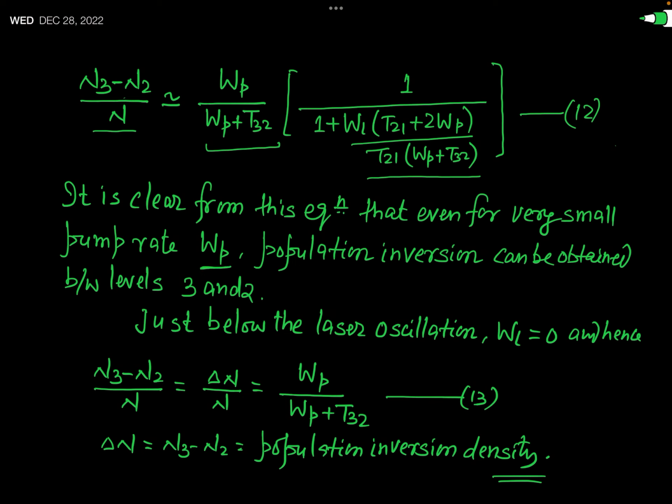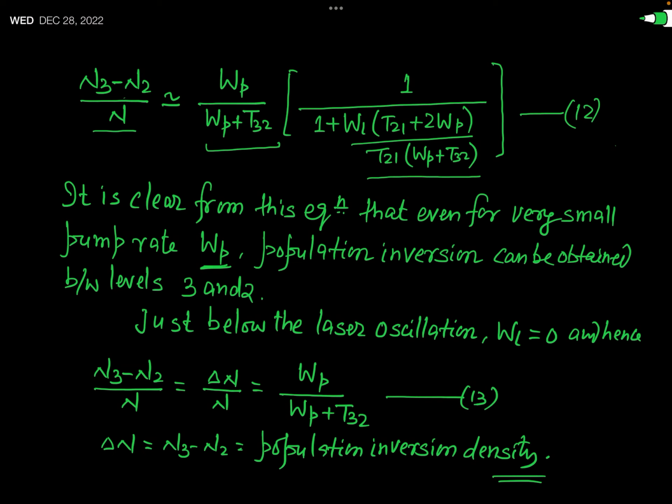But you have seen that in case of the 3-level laser system, this pumping rate WP is not very small, it is very high. This was the demerit of the 3-level system, but in the 4-level system, a very small pump rate WP also achieves the population inversion.